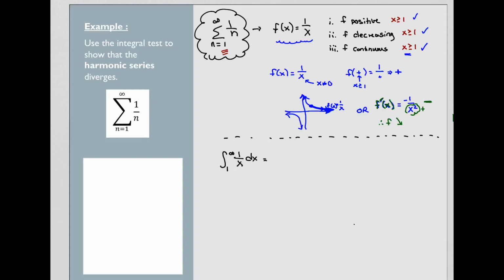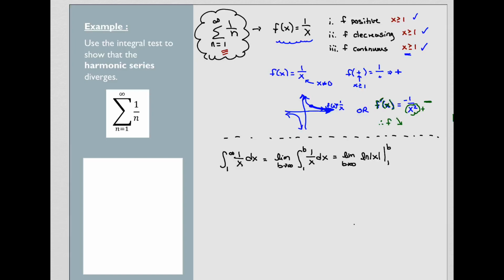This is equal to the limit as b goes to infinity of the integral from 1 to b of 1 over x dx. What is the antiderivative of 1 over x? That's the limit as b goes to infinity of the natural log of x from 1 to b.